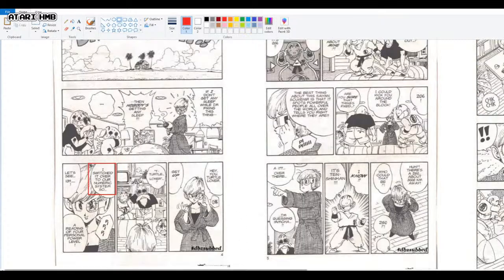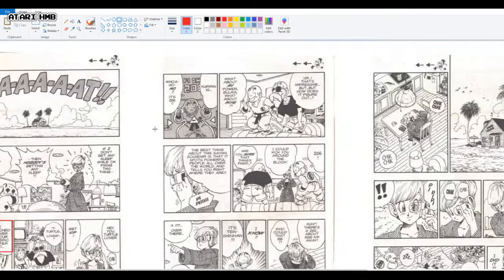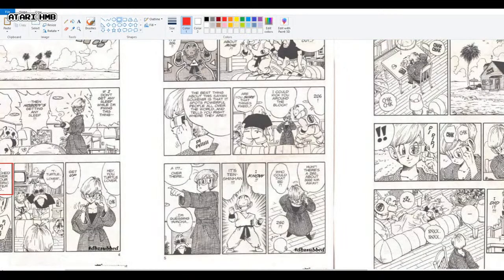Pay attention. Later in the next scan, after she finds out Krillin's power level is 206, it says, the best thing about this Saiyan souvenir is that it spots powerful people all over the world and tells you right where they are. Beep, beep.